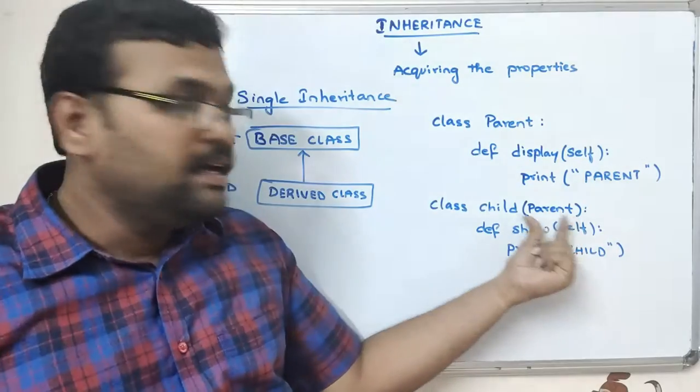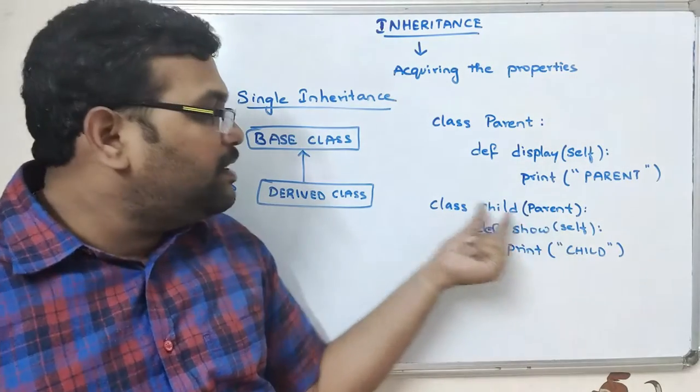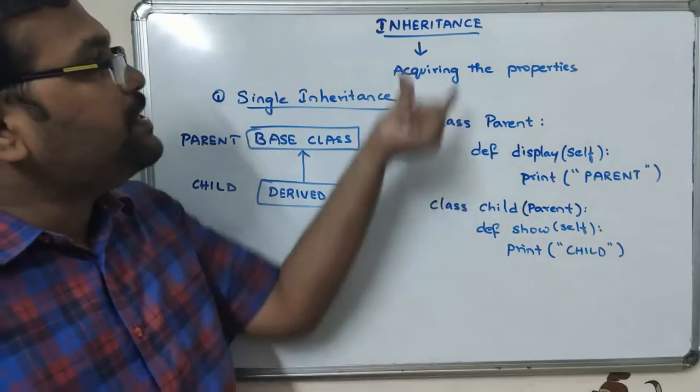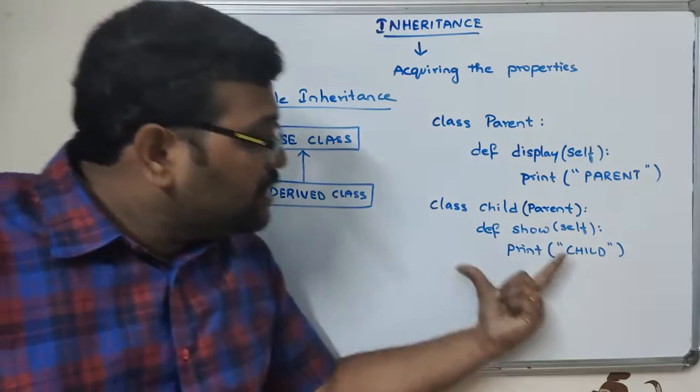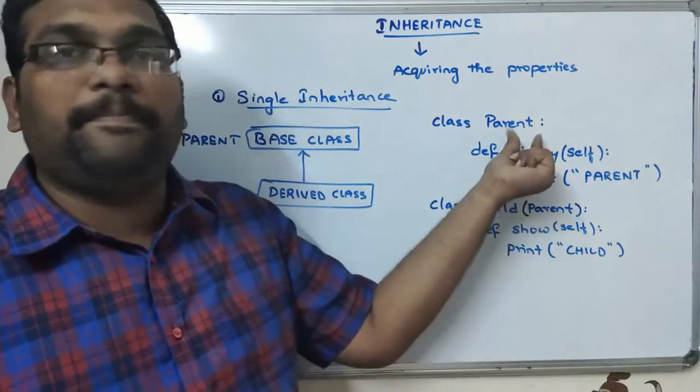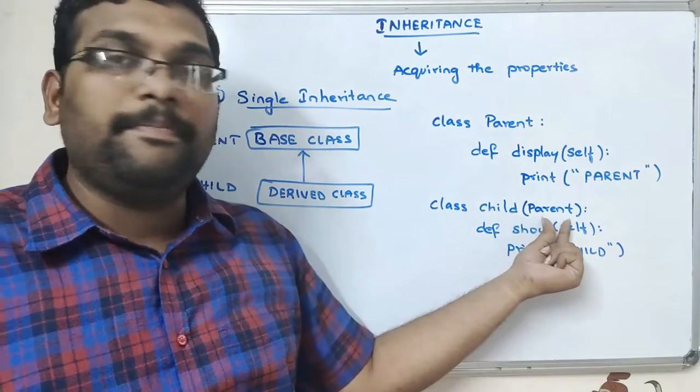If you write the base class in parentheses for the child class, it implements the inheritance. That means this child is inherited from the parent.